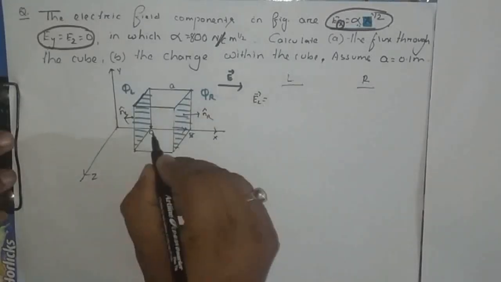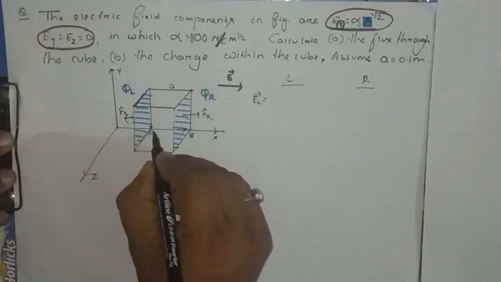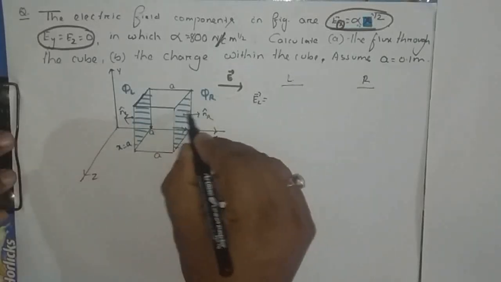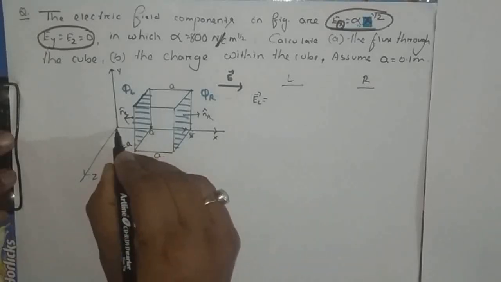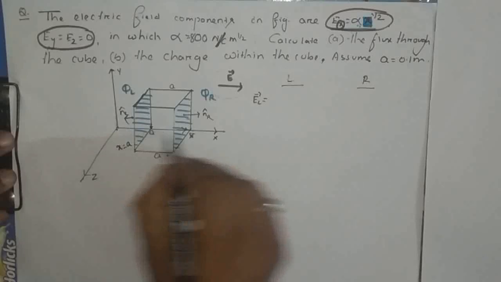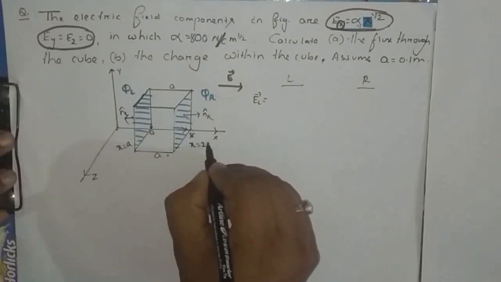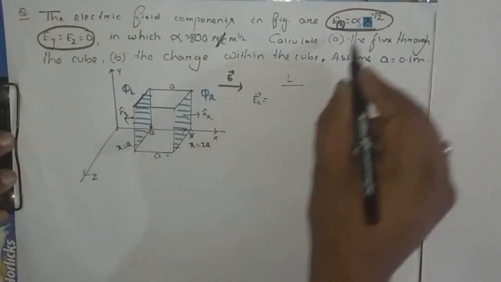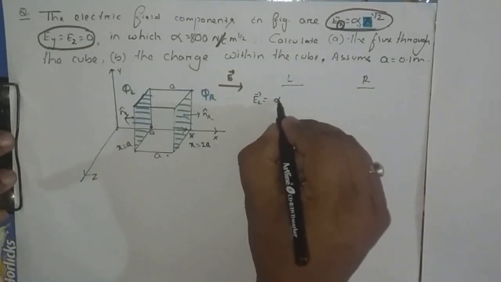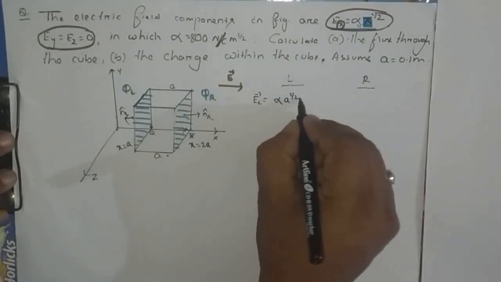For this face x is equal to a. For the right side, from the origin it is a, and the side is also a, that means x is equal to 2a. In alpha x to the power 1 by 2, alpha is a constant, forget about that. So it will be alpha a to the power 1 by 2.